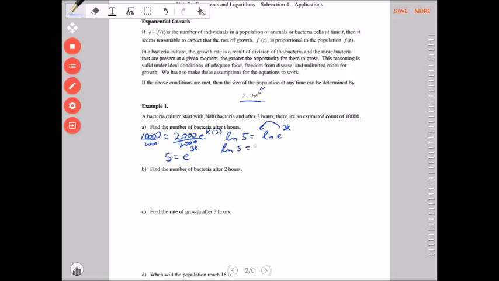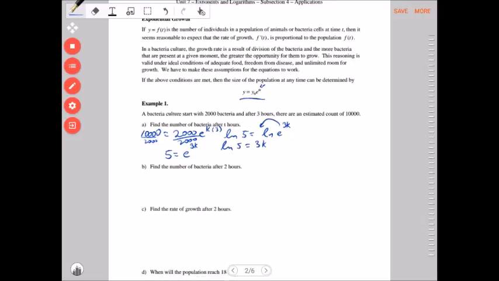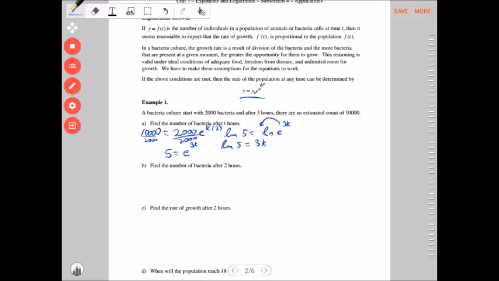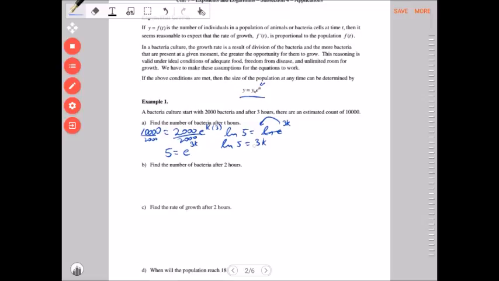So ln 5 equals 3k times ln e. Now remember that ln e is one of those logarithmic identities, so really this just equals 1. So 3k times 1 is just 3k. So of course we can divide by 3, and k equals ln 5 over 3.